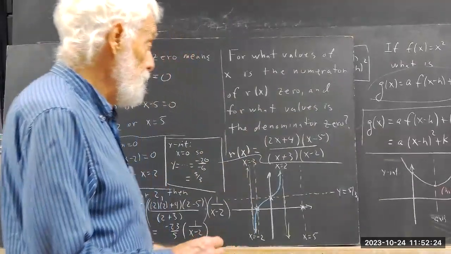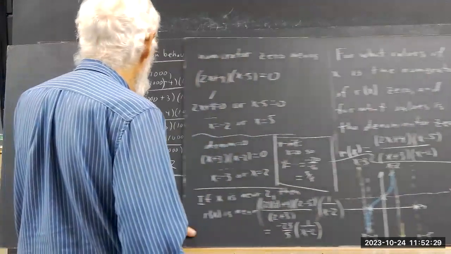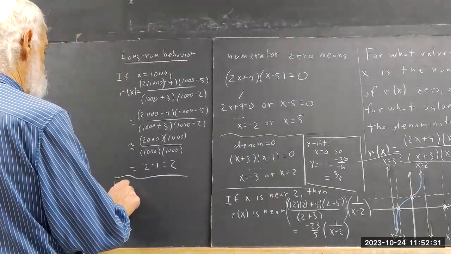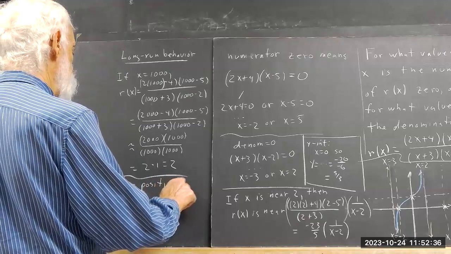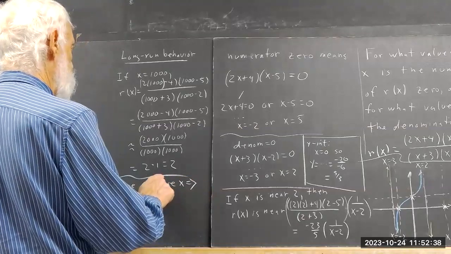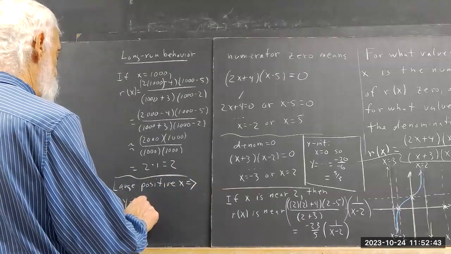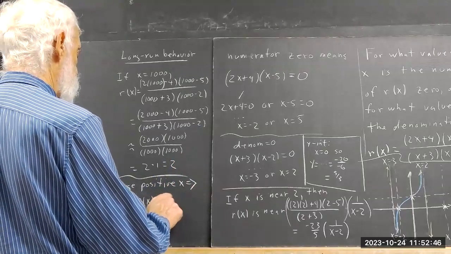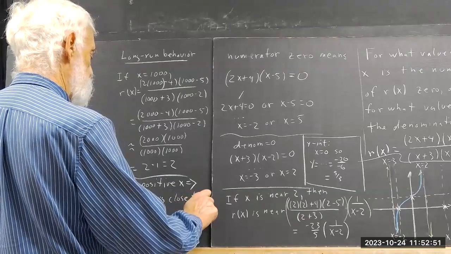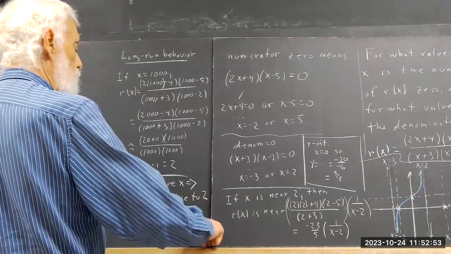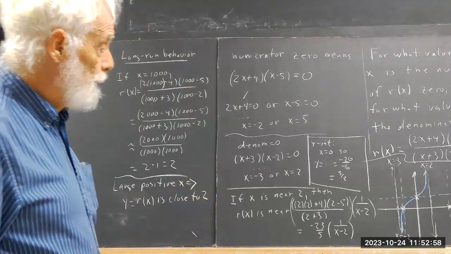Okay, so this tells us that if we have a large positive x, it follows that y equals r of x is close to 2. What does that tell us about the graph?